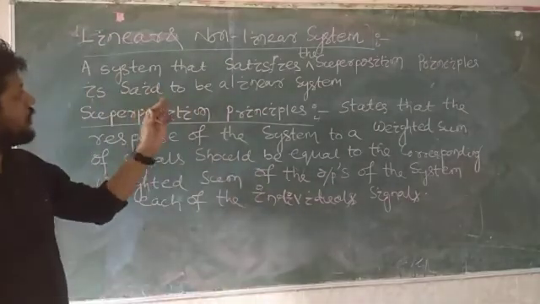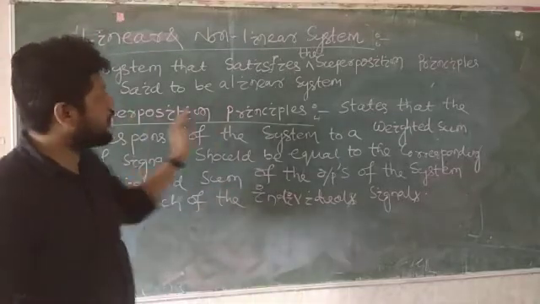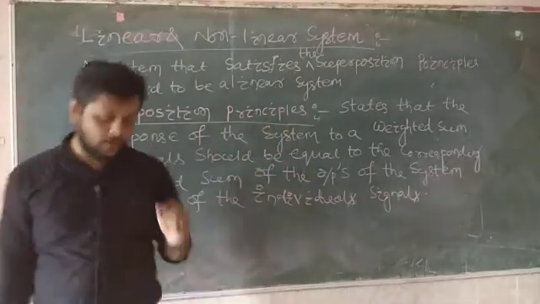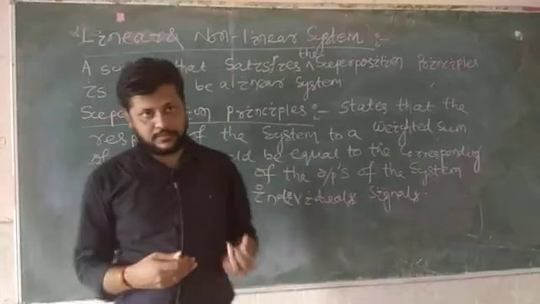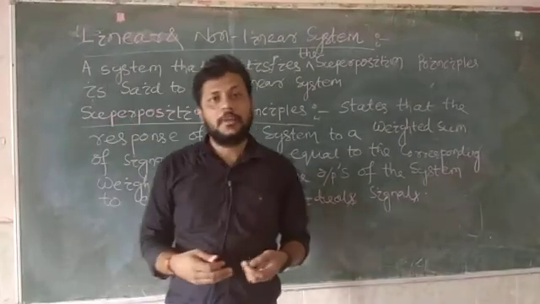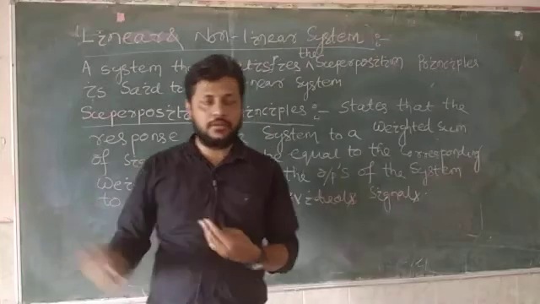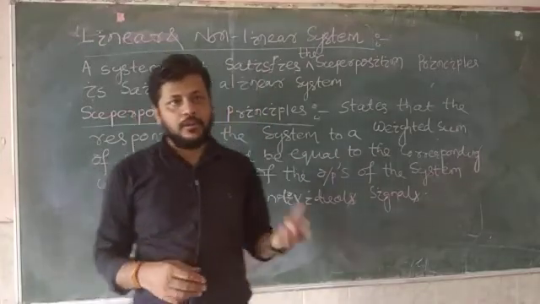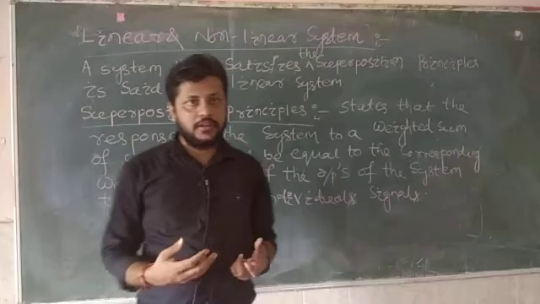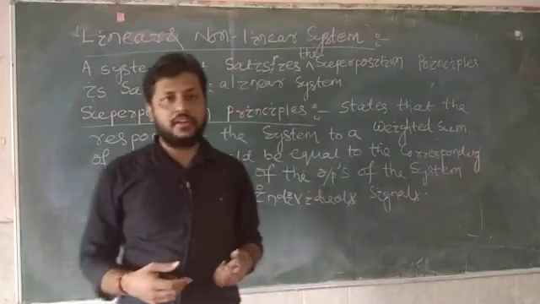So, a system that satisfies the superposition principle is said to be a linear system. We all might have solved many problems on this superposition principle in the subject called circuit theory, where, for example, two or more sources are present and you want to find the current and voltage across a load.